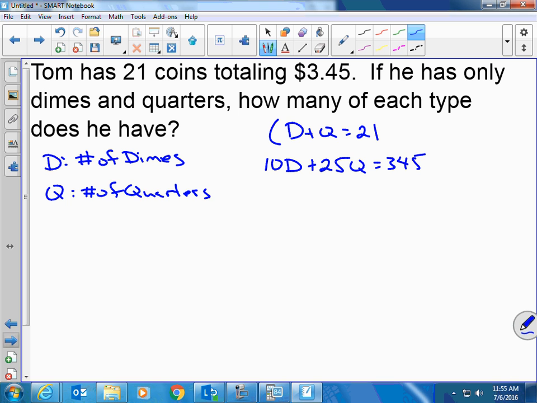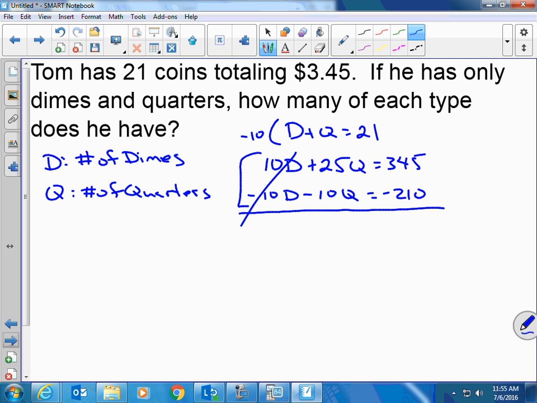Okay. Next step. Again, I'm going to use elimination. Multiply by negative 10 so I get my D's to cancel. I have a negative 10D minus 10Q is a negative 210. Add these two equations together. 10D minus 10D go away. 25Q minus 10Q is 15Q. 345 minus 210 is 135.